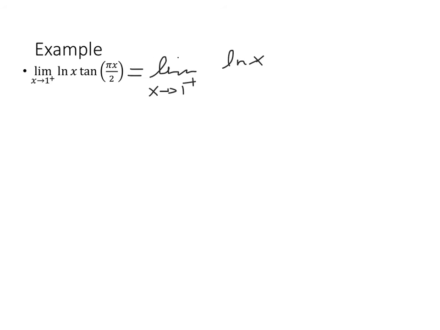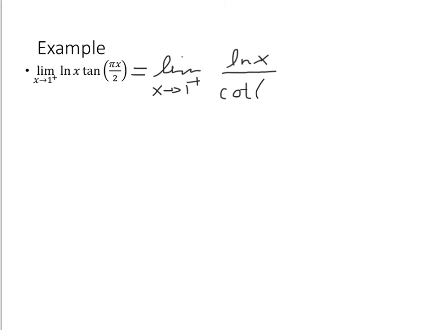But remember that tangent is the same as 1 over cotangent. So we're going to have cotangent of pi x over 2. And now we honestly do have a 0 over 0 indeterminate form.